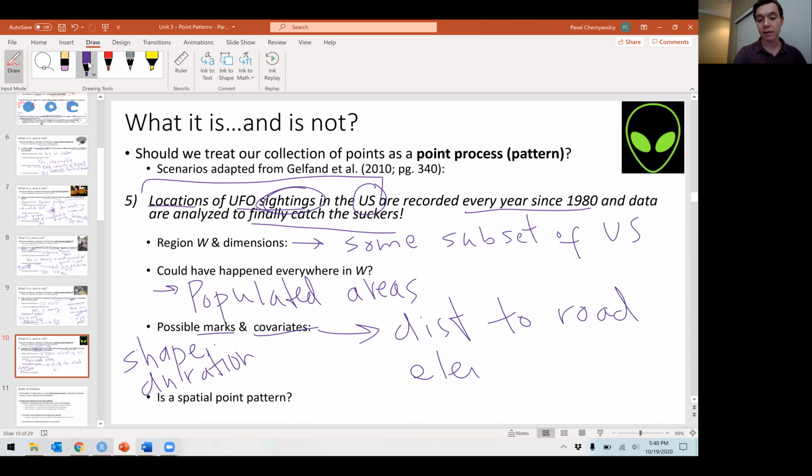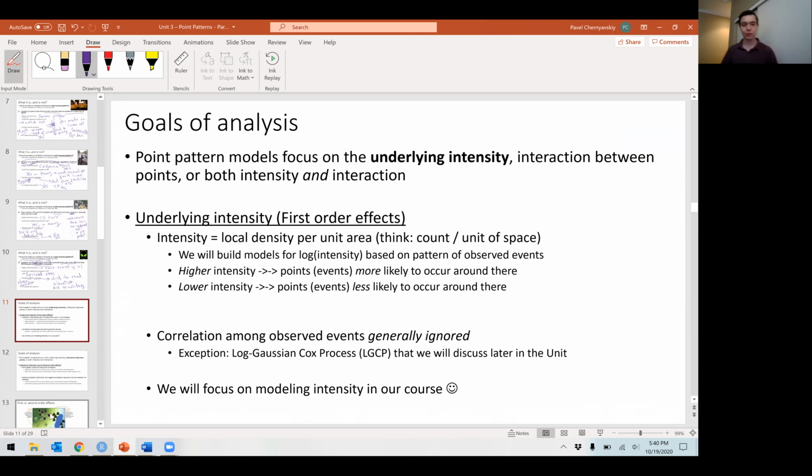Maybe these things happen at a higher rate at higher elevations. Maybe it's distance to a military base. Okay. All right.